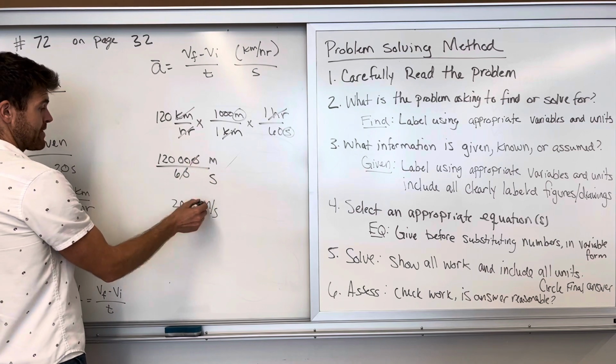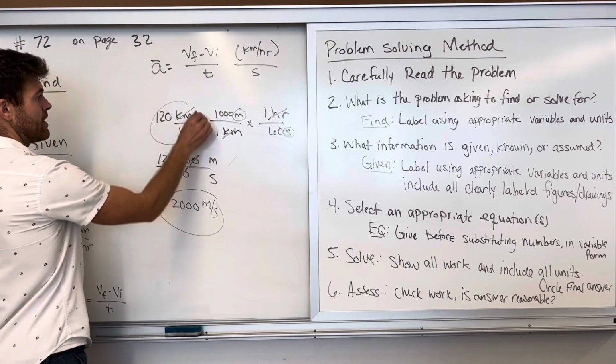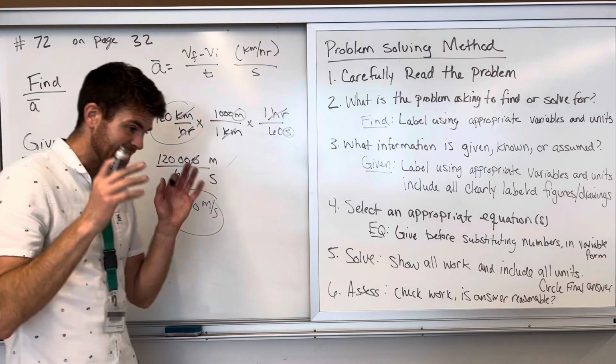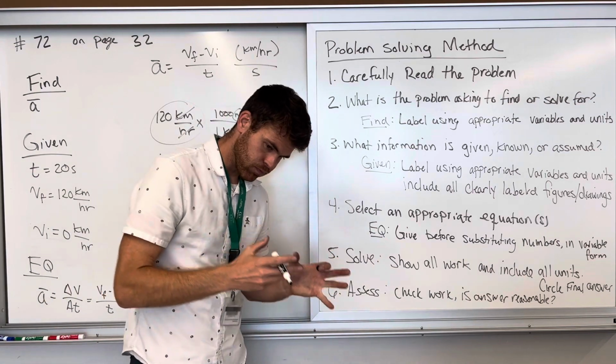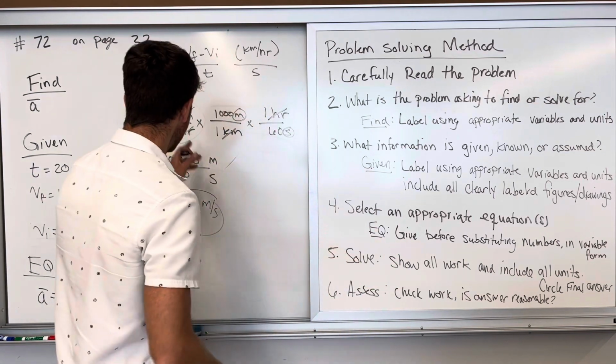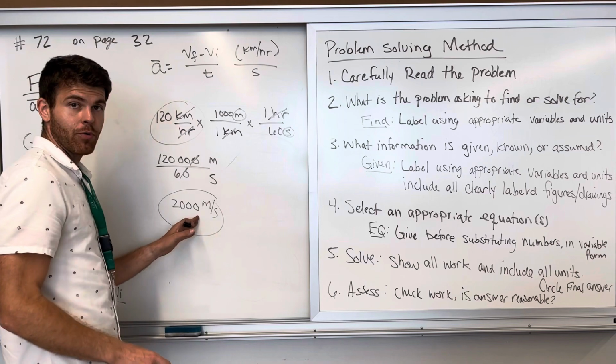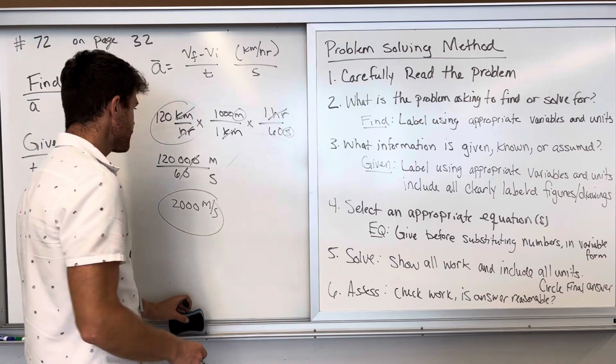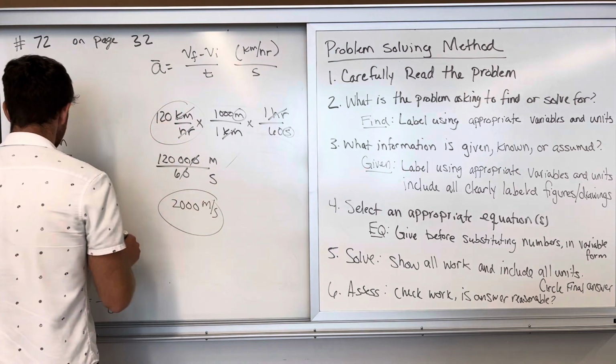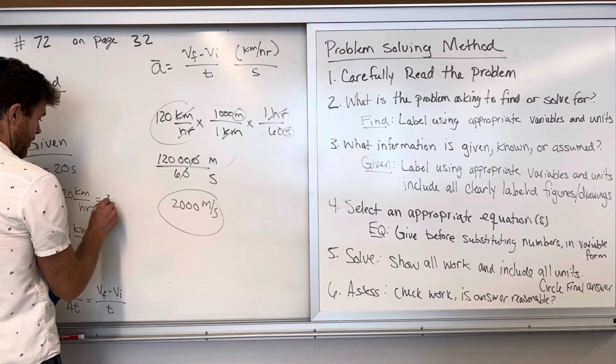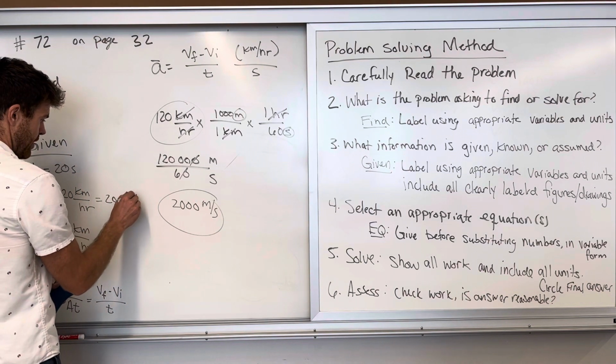So I want to stress, this is the same as that. It's the same speed. Just one is reported in kilometers per hour, and here it's reported in meters per second. So I can go over here and write this as 2,000 meters per second.